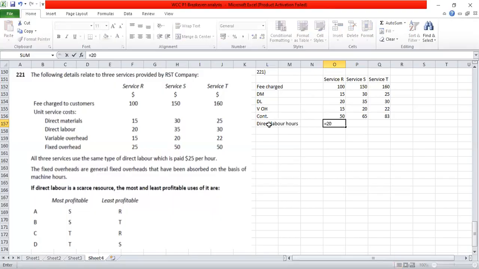Here it will be 20 divided by 25, then 35 divided by 25, then 30 divided by 25.